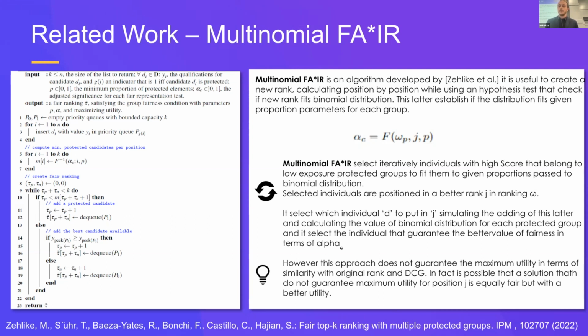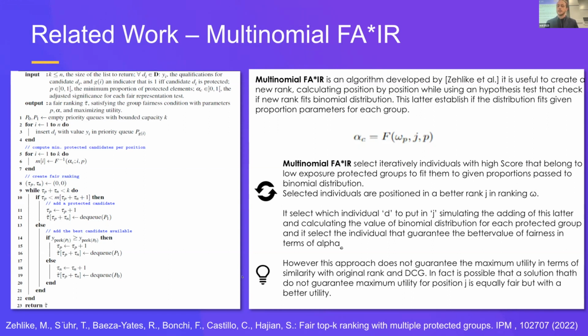So multinomial FAIR iteratively selects individuals with high score that belong to low exposure protected groups to fit them to the given proportion passed to the binomial distribution. Selected individuals are positioned in a better rank j in the new ranking. It selects which individual D to put in j, simulating the adding of this latter and calculating the value of the binomial distribution for each protected group.